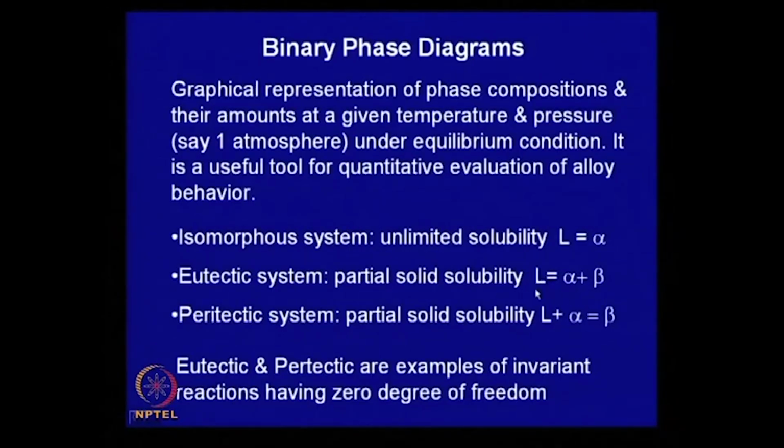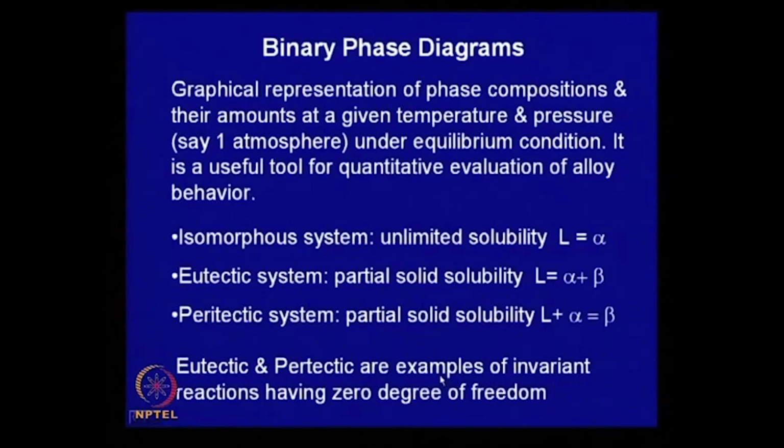So this type of equilibrium can coexist only at a fixed temperature and between fixed compositions of liquid and two solids. There is no variable that can be altered. In principle, from the thermodynamic characteristics, it is possible to calculate these temperatures, and we will see one such example today.